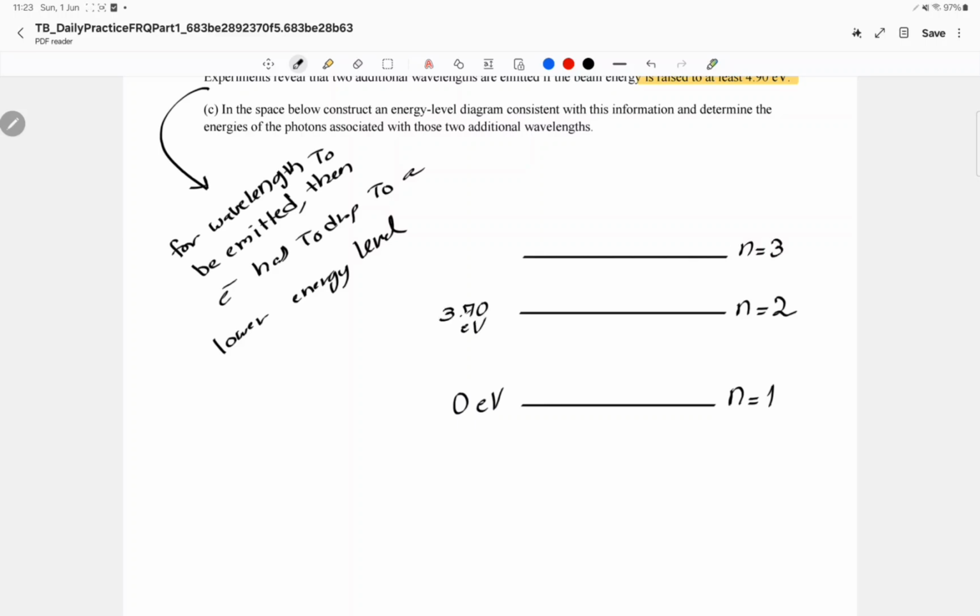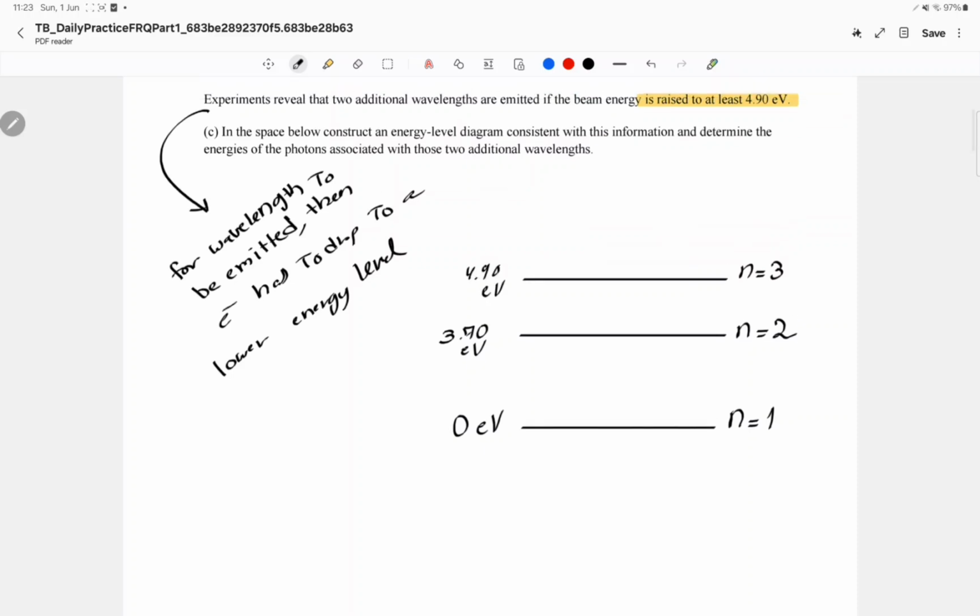N is equal to 3, the second excited state, or the third energy level, which stands at 4.90 eV. Okay? So now, for the electron to drop, it has to go down, right? So that's the first drop, that's the second drop, and that's the third drop.